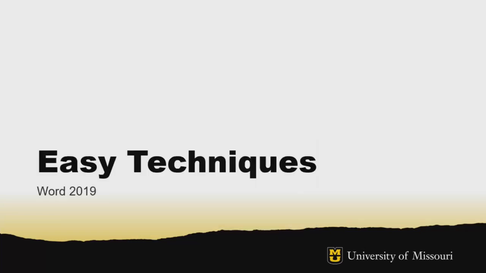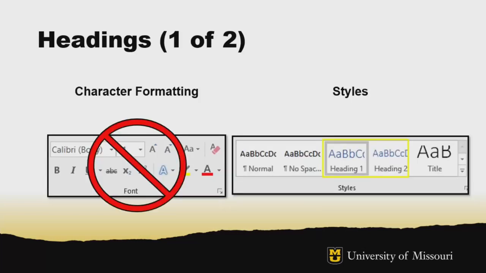Now we're going to dive into some easy techniques for creating accessible content in a Word document. A heading is defined as either the title of a page or section of text, or direction or bearing. They are named appropriately, since headings provide direction to users. This is what Darren demonstrated earlier.